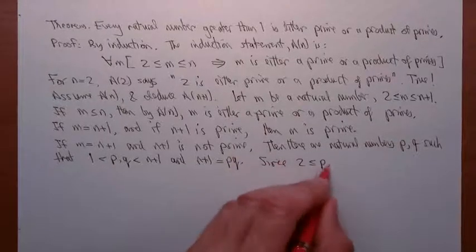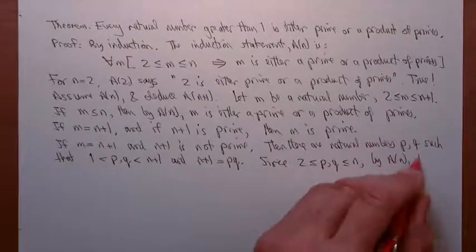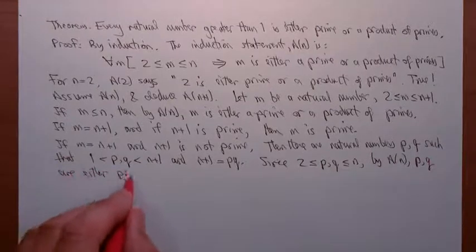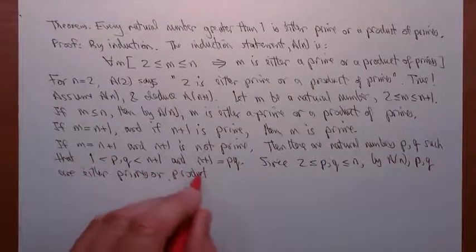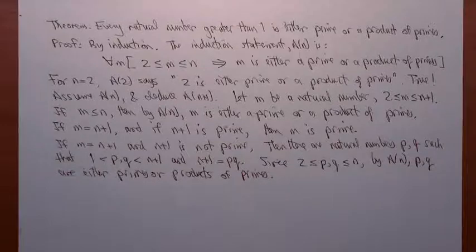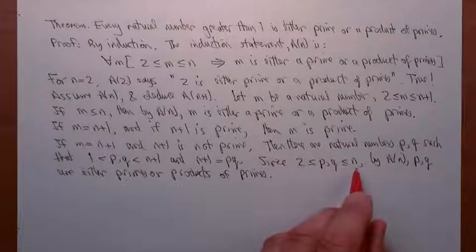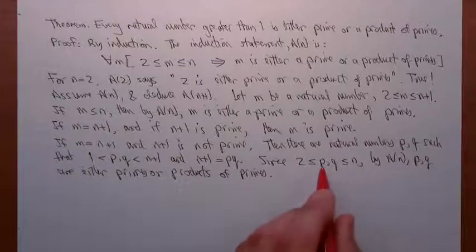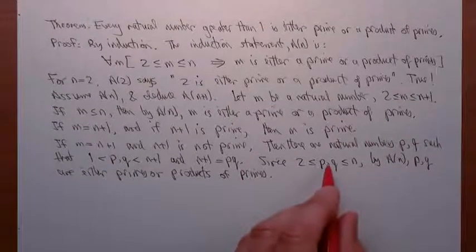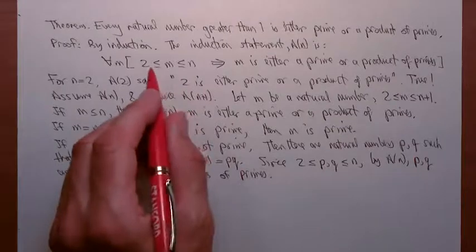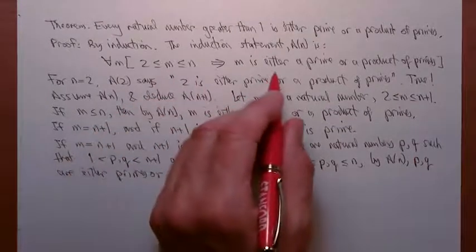Well, since 2 less than or equal to p and q less than or equal to n, by A(n), p and q are either primes or products of primes. These two numbers p and q are less than n+1, so they're less than or equal to n. That means these numbers are m's that fit into the induction hypothesis.